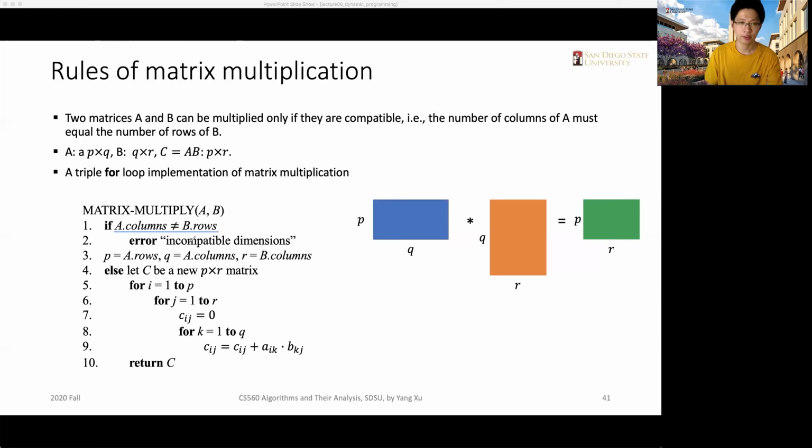If not, then we say A and B cannot be multiplied together. And then we record the number of rows in A as P, the number of columns in A as Q, and the number of columns in B as R. So P, Q, R are defined. And then we allocate some memory space for the result C. So it must be a P by R matrix.